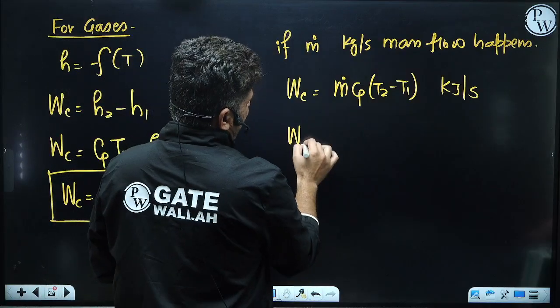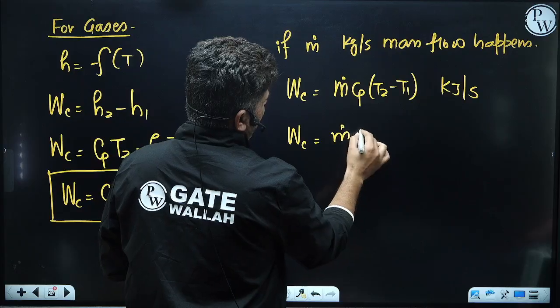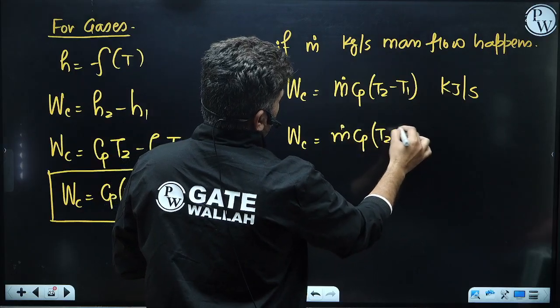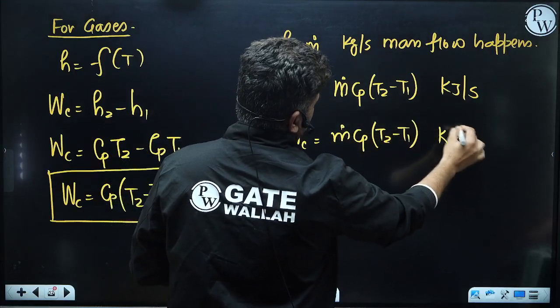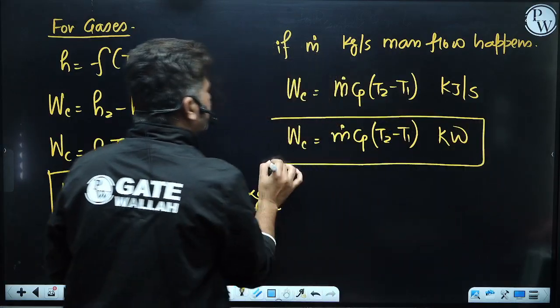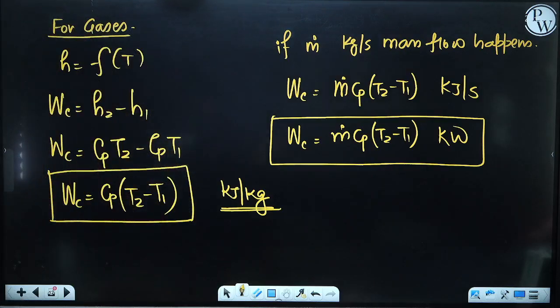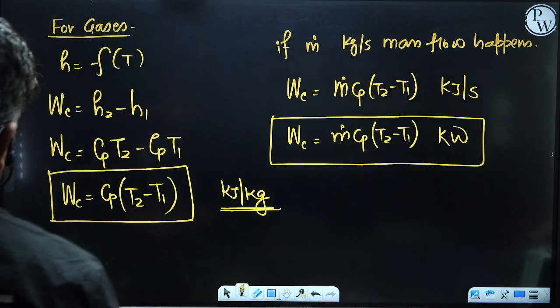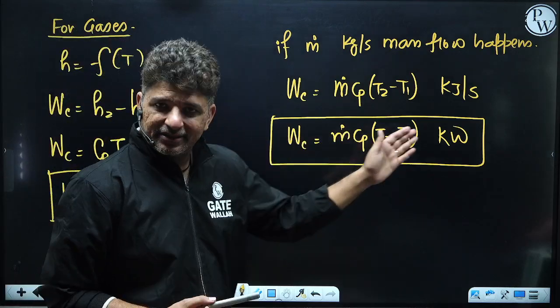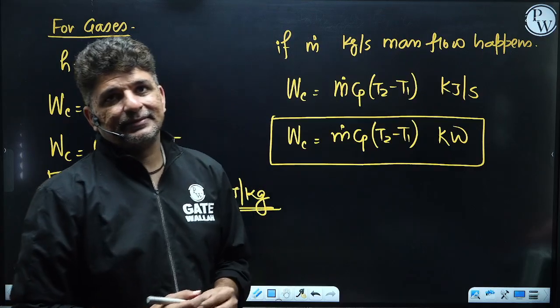So work required in compressor will be equal to m dot Cp (T2 minus T1) kilowatt. I'm sure everybody has got it. This is a very, very basic, fundamental relation. I hope everybody has got it. It's clear to everyone? Yes.